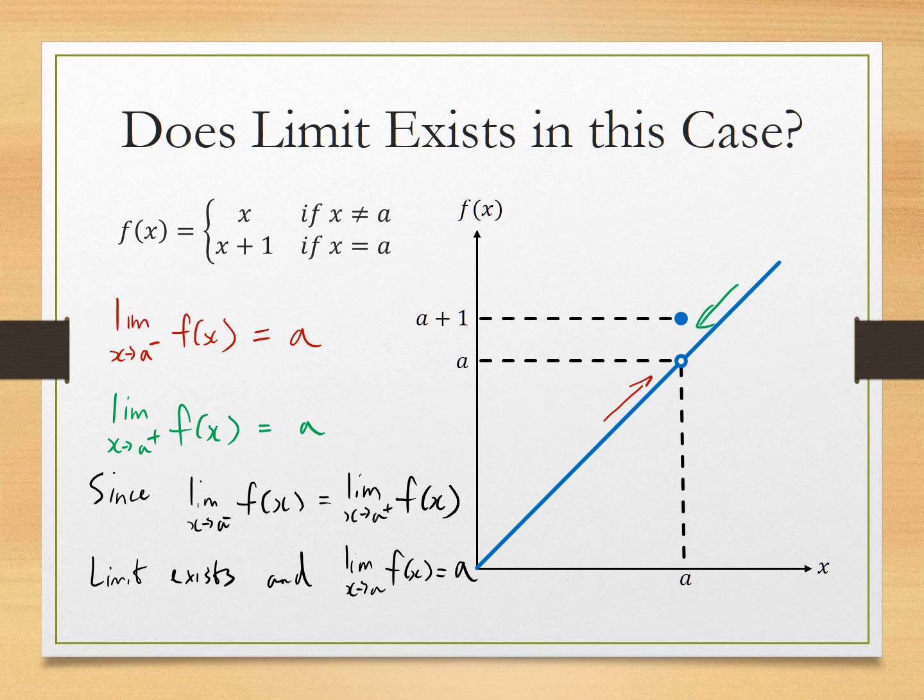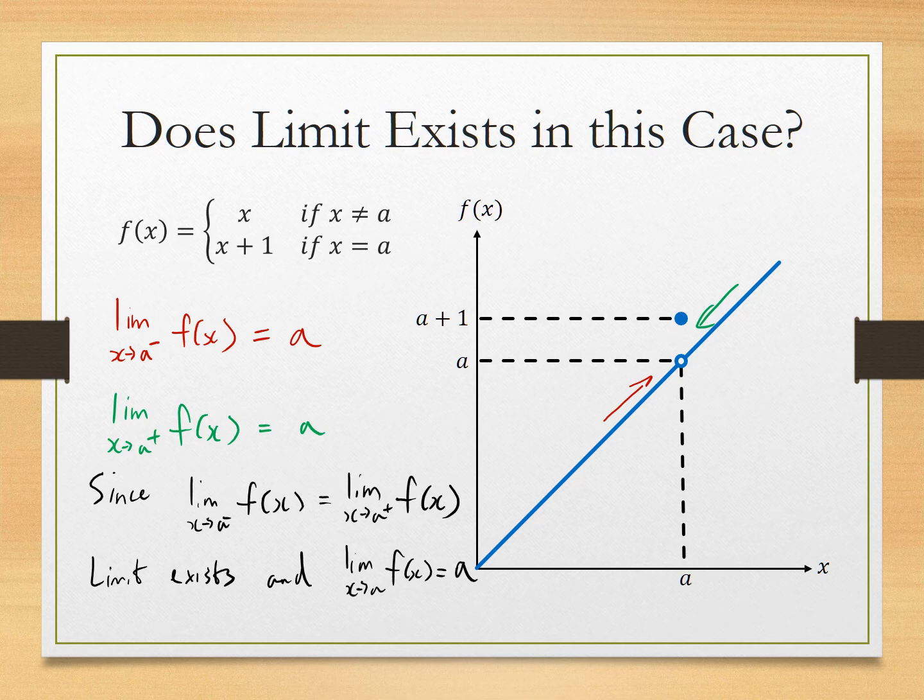Imagine that you hide what happens at a with a piece of paper, and you just look at what happens around a, and you're trying to figure out what happens to the function.